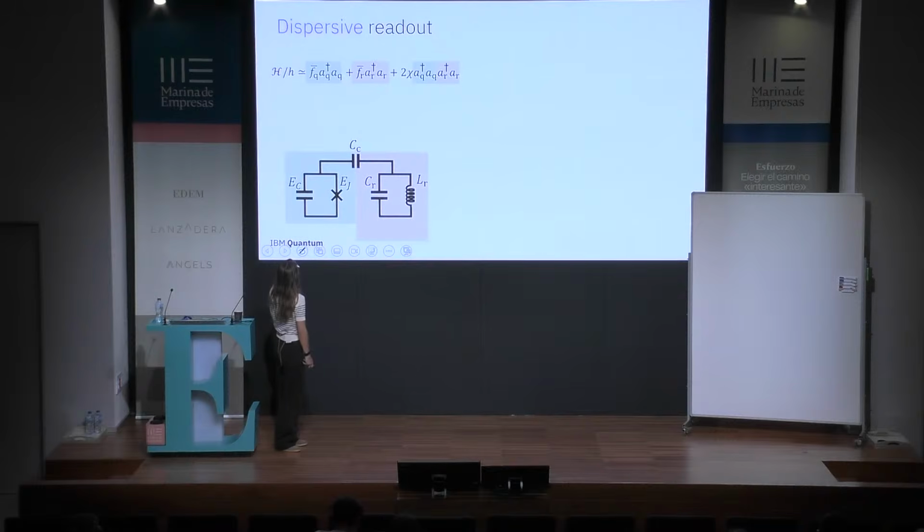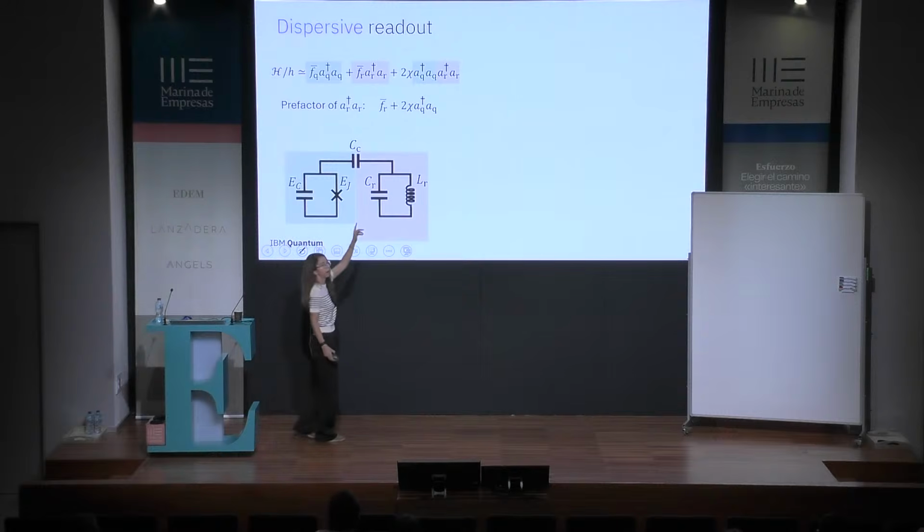If we inspect that, this is just writing the exact same thing in the corner. If you highlight the parts that depend on only the qubit, which is this green part, and the parts that depend on only the resonator, you see that the prefactor of the number operator of the resonator, so the prefactor of the orange boxes, has some frequency of the resonator, plus a term that depends on the state of the qubit.